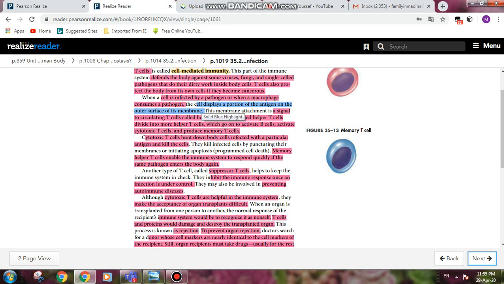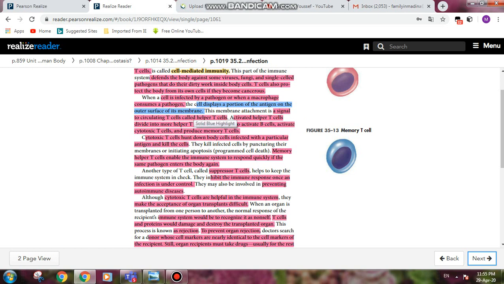The cell displays a portion of the antigen. Displays means it makes the antigen clear for other cells, putting a portion of the antigen on the outer surface of its membrane, to be recognized by other cells.